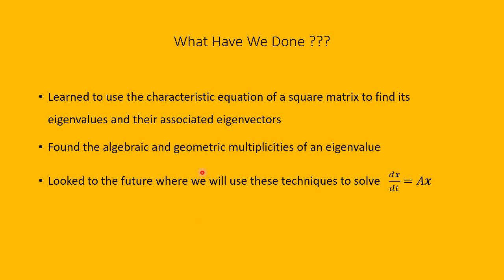So, what have we done in this current lesson? We learned to use the characteristic equation of a square matrix to find its eigenvalues and their associated eigenvectors.